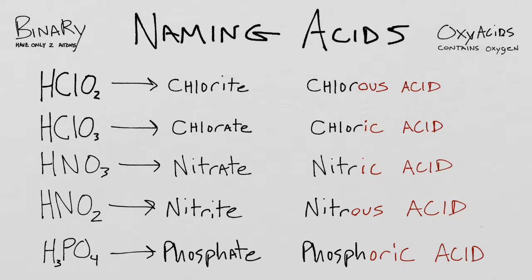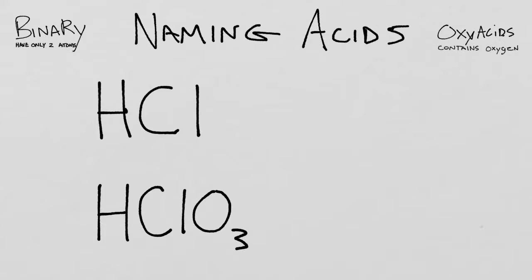All right, let's look at a common problem students have when naming binary and oxyacids, when they think there's some sort of conflict. So let's take a look at an example of one that appears to be in conflict. Okay, so here are two acids where the problem students have is that when they're asked to draw the formula for these two acids, they're unsure which to use.